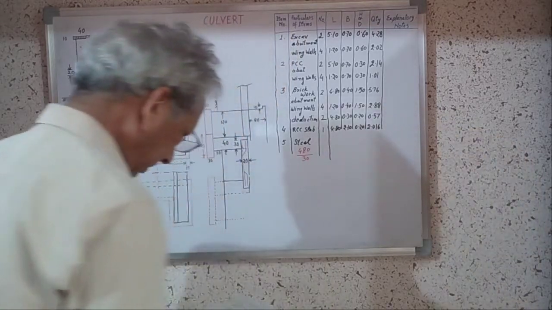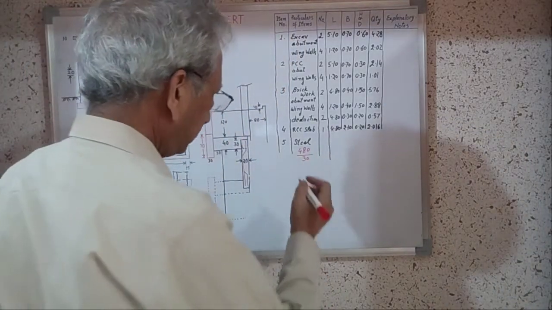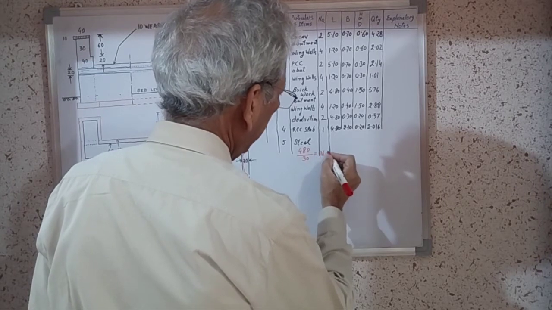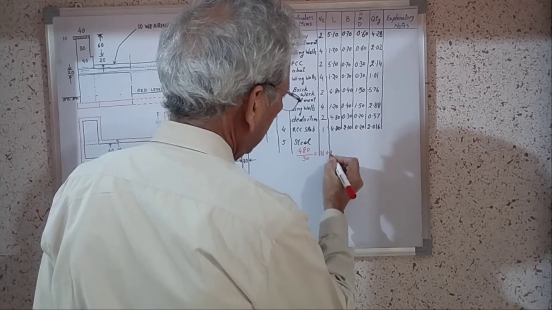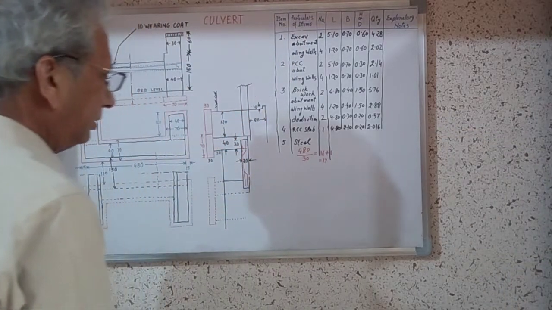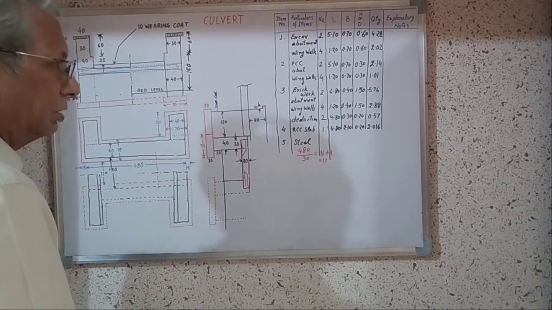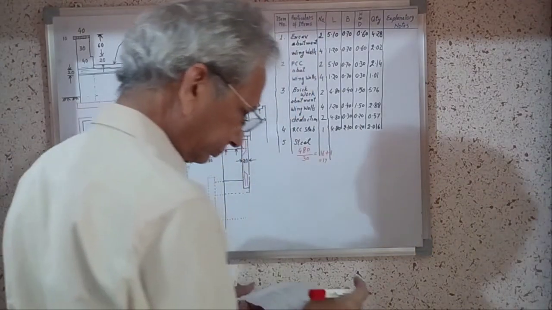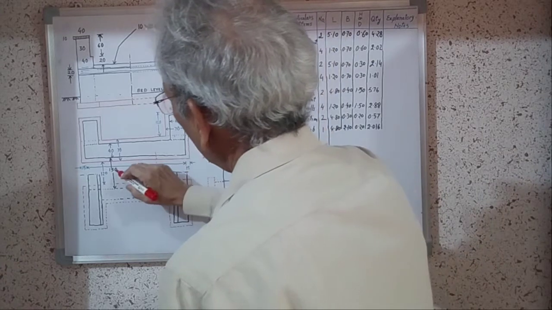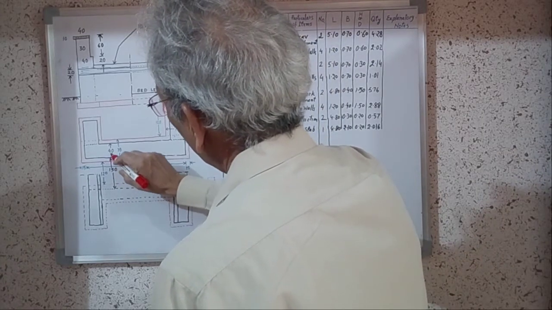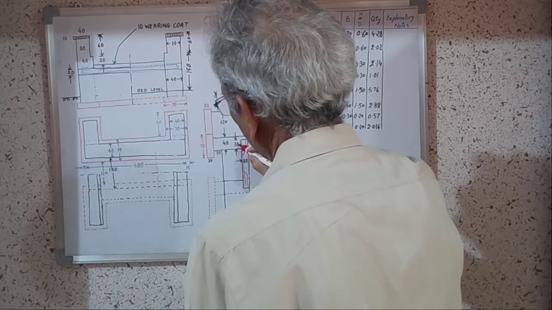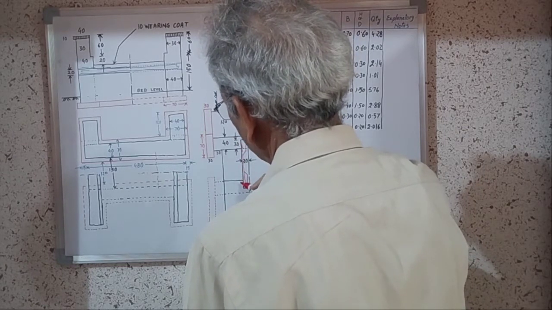Now it will be 16 plus one more, 17 steel will be provided, and length of the steel we will calculate. This is 210, 150 plus this bearing 30 centimeter and 30 centimeter.